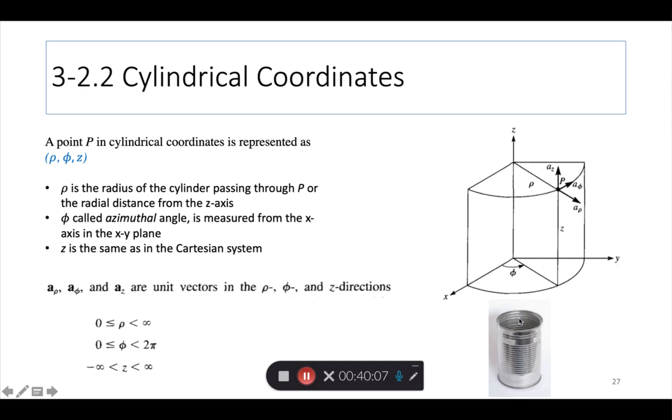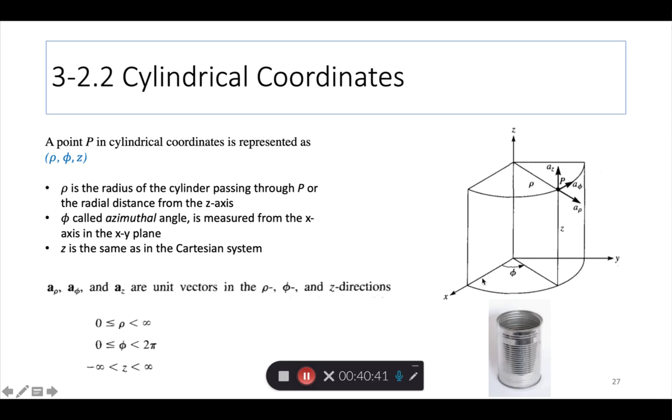So if you imagine that in the center of this can you have drawn the xyz axis, then the distance from the z-axis line to one point on the surface of the can, which is this P, is called rho. It's a distance. So here we have a distance rho, a distance z, and the other coordinate in the middle, the center coordinate, is an angle, phi. What is that angle? You can see from this figure.